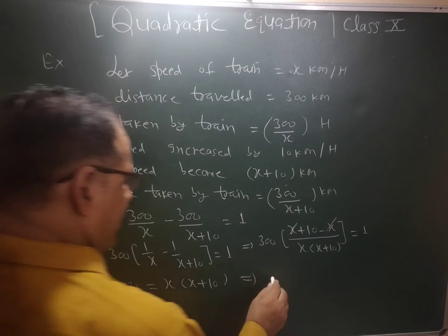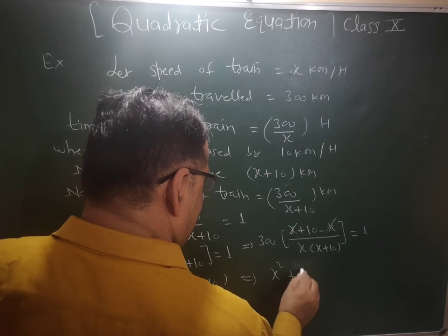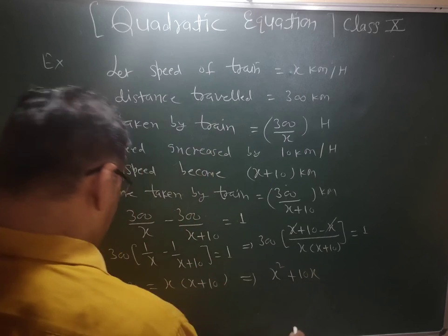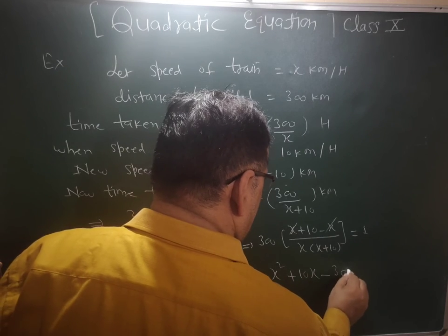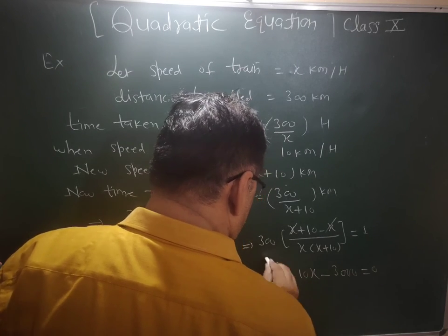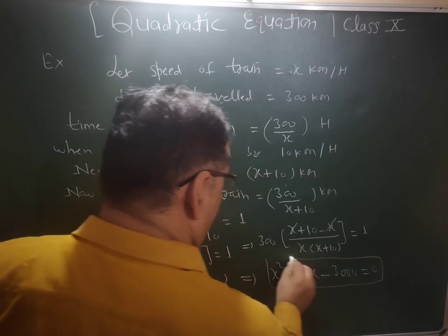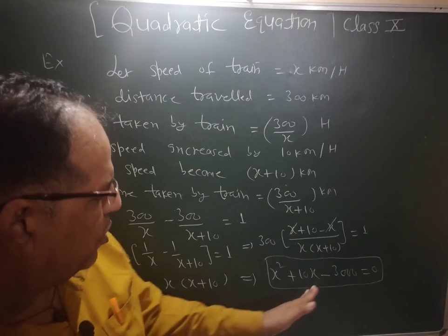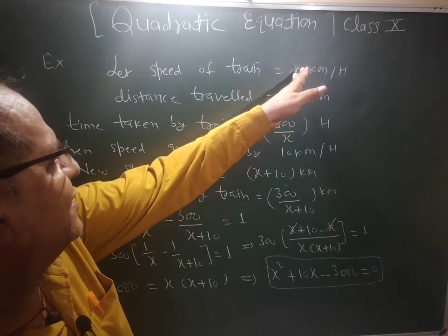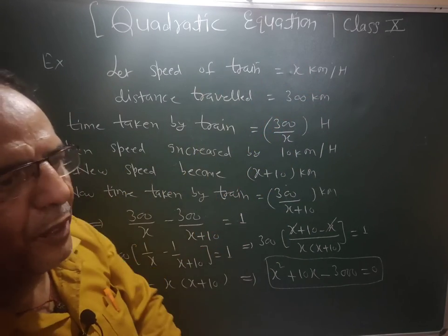If we arrange this equation, it becomes x square plus 10x minus 3000 equal to 0. This is the required quadratic equation. After solving this, we get the value of x, which shows the speed of the train.